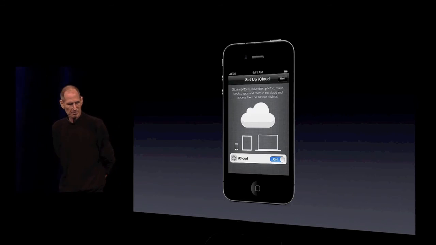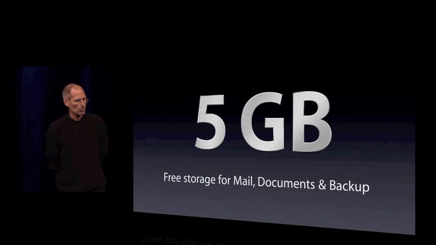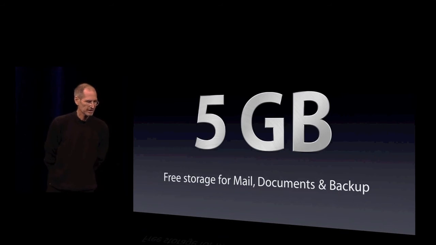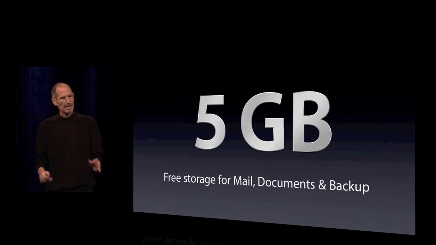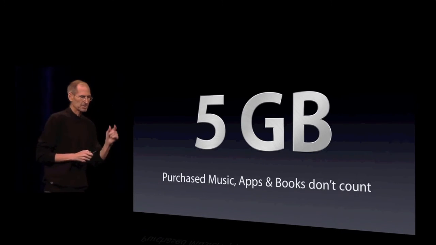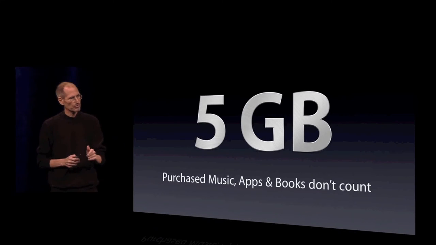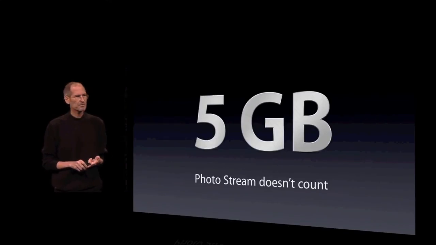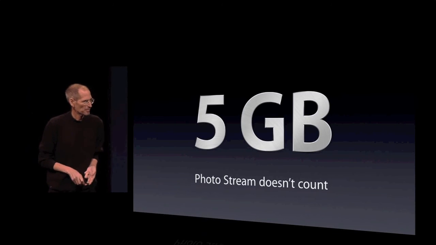We're also going to give everybody 5 gigabytes of free storage for mail, documents, and backup. And that's even more than it sounds like, because we're not counting purchased music, apps, or books towards that 5 gigabytes. Nor are we counting PhotoStream towards that 5 gigabytes.